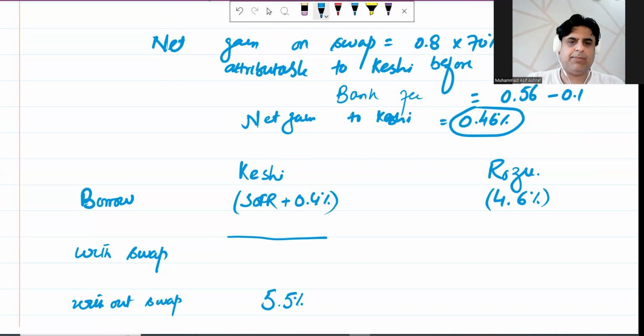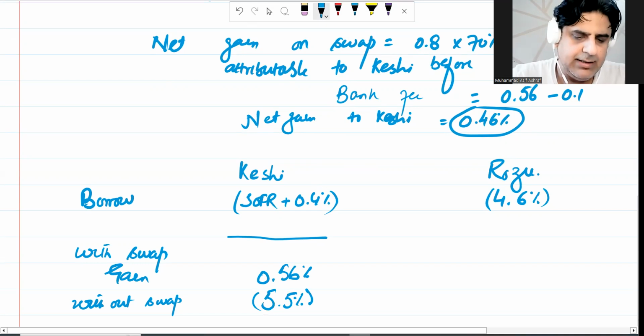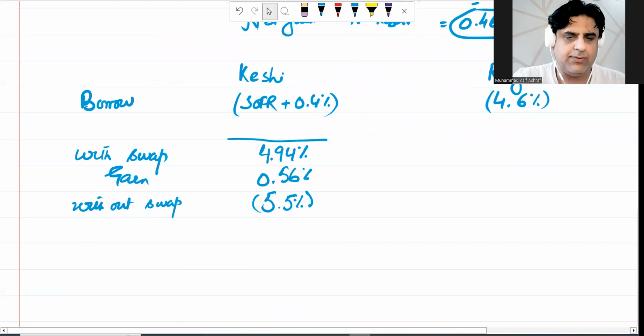And we have a gain of 0.56%. So this means with swap, if you deduct 0.56 from 5.5, this is 4.94%.